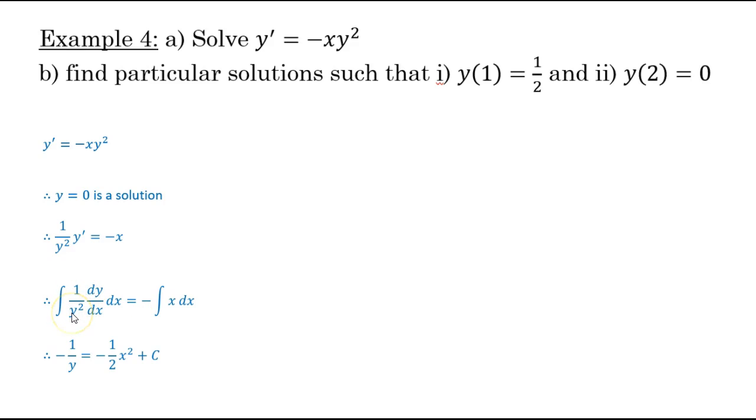If you like, that's y to the negative 2, and I integrate that, and I get negative y to the negative 1. And the negative integral of x dx is negative half x squared plus some constant.